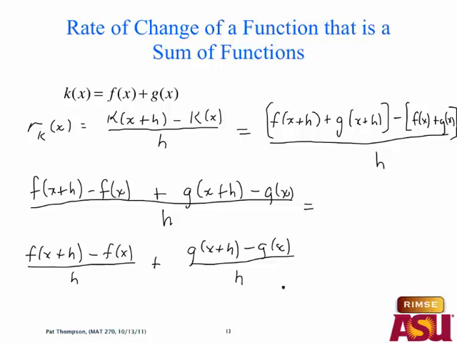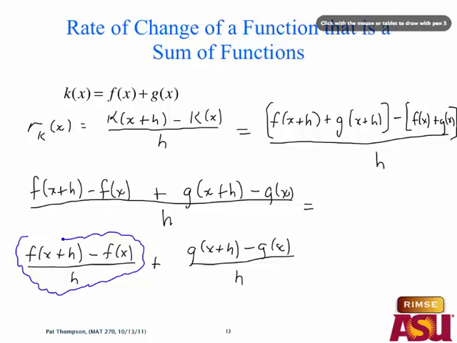And then, if we've been paying attention and we're alert, we notice something. We think, wait a second, I know what that is. What is that? What I circled in blue has nothing to do with k.